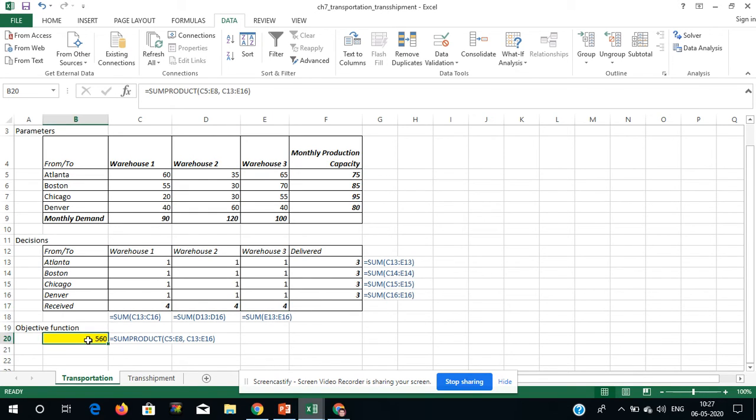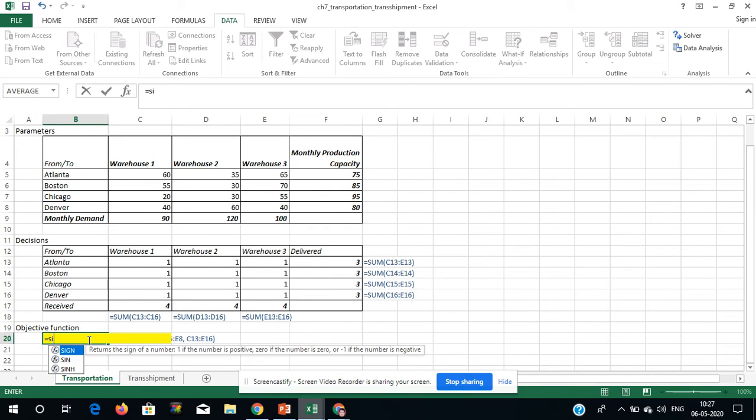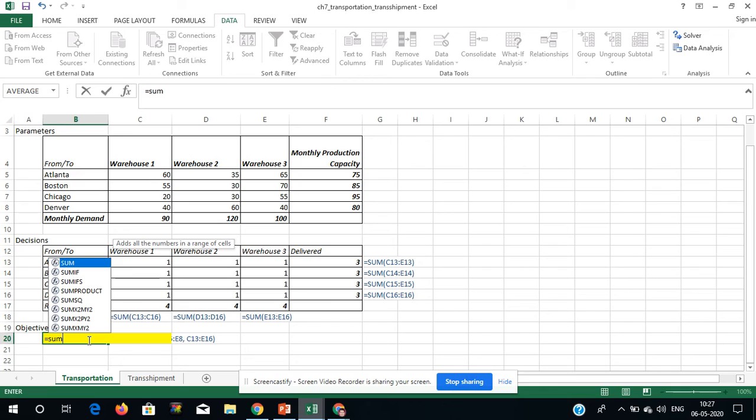So this objective function is basically the total shipment cost, and how do I get this shipment cost? Let me put the formula here. Product.